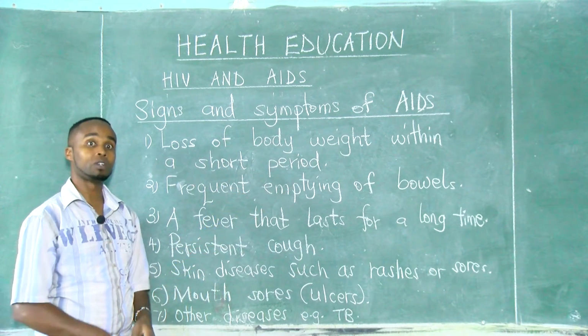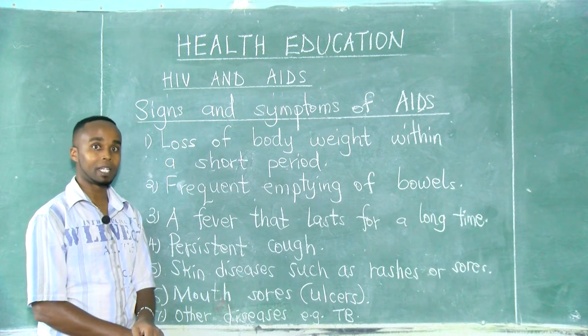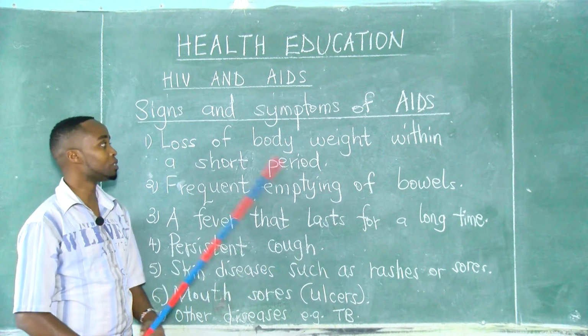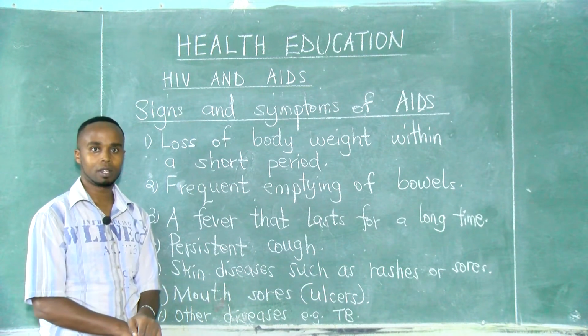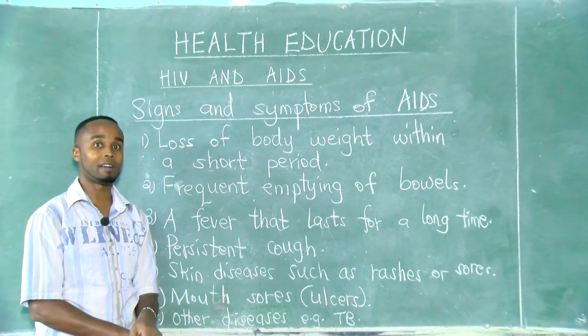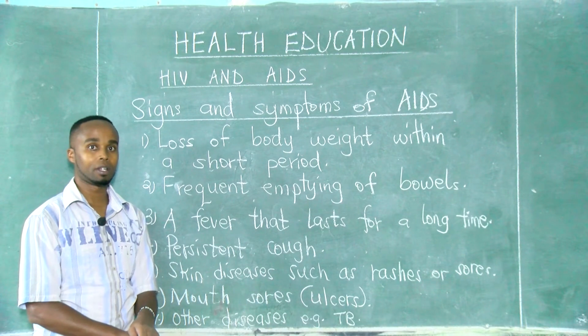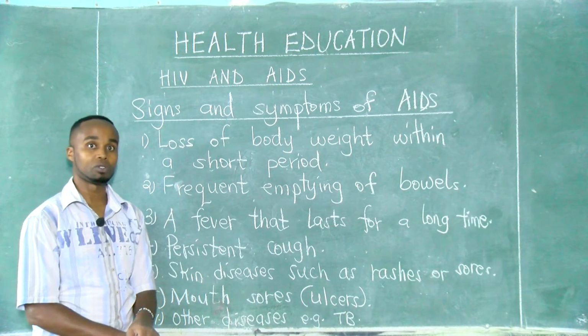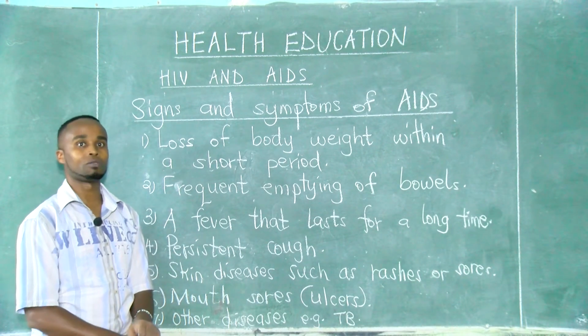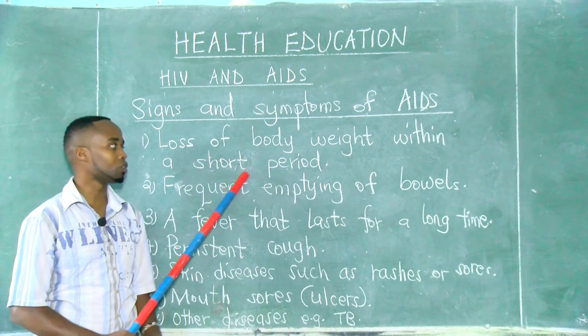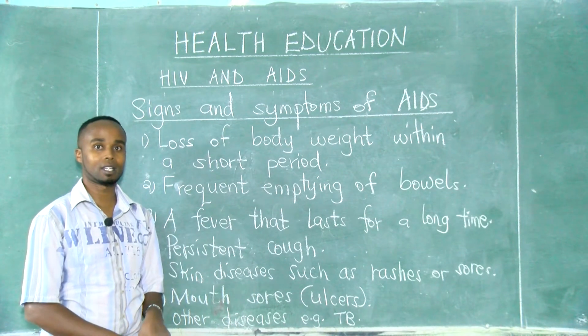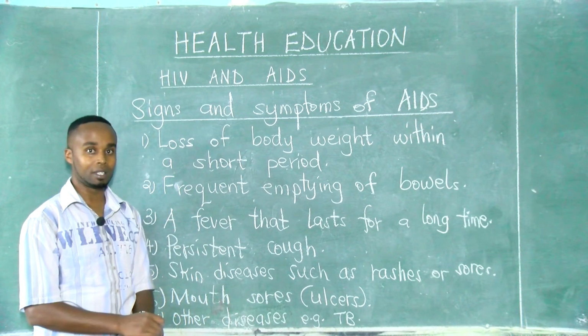Yes, I know that we lose body weight, but when you see a person losing body weight within a short period of time, that means that they have a health problem. So they are supposed to go for a test or to visit a doctor. So loss of body weight within a short period is one of the signs of HIV and AIDS.